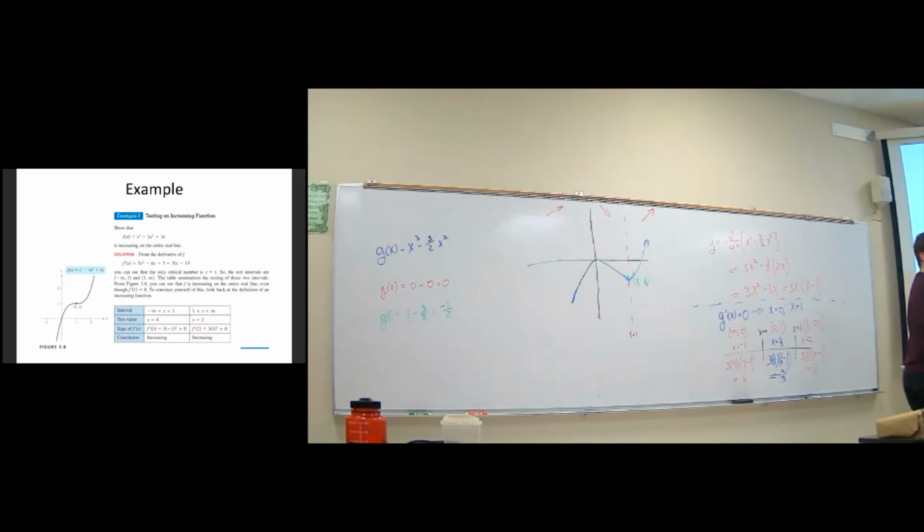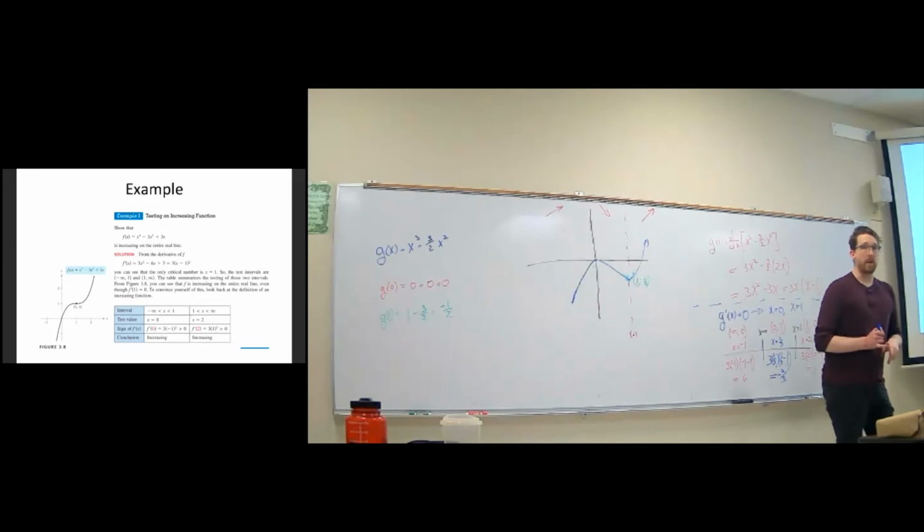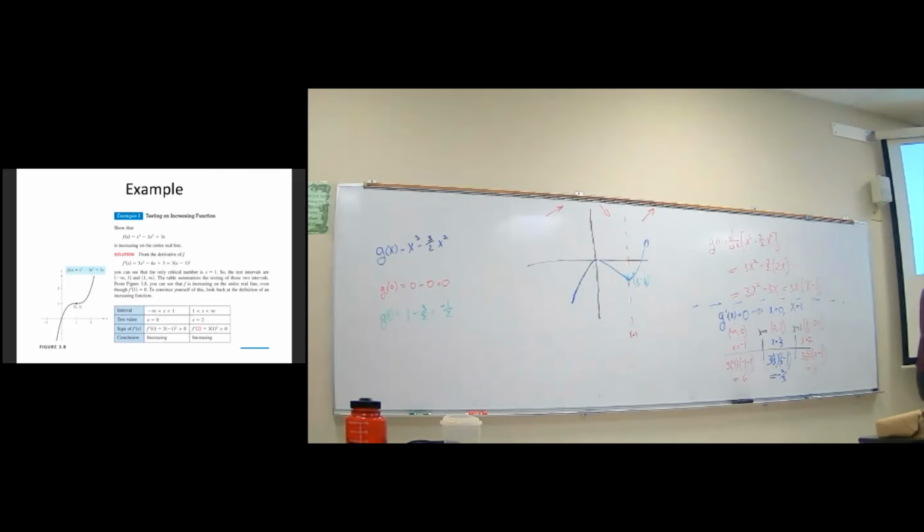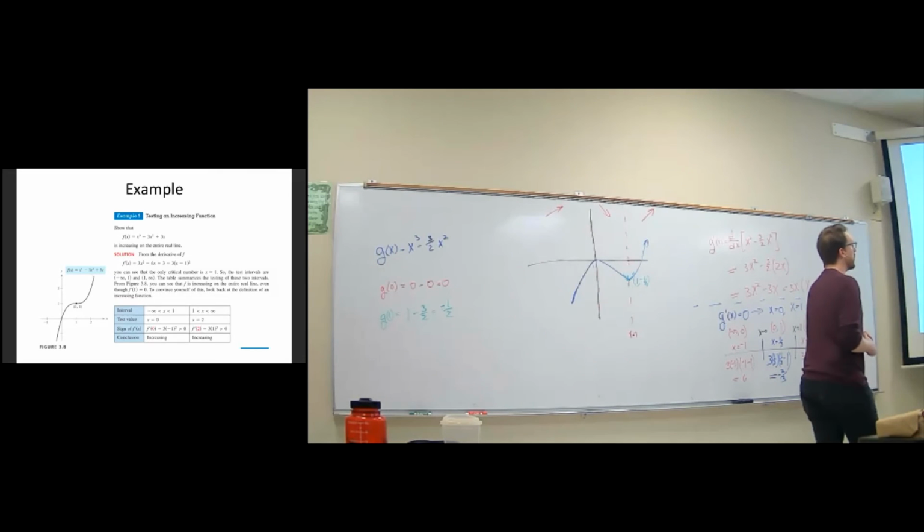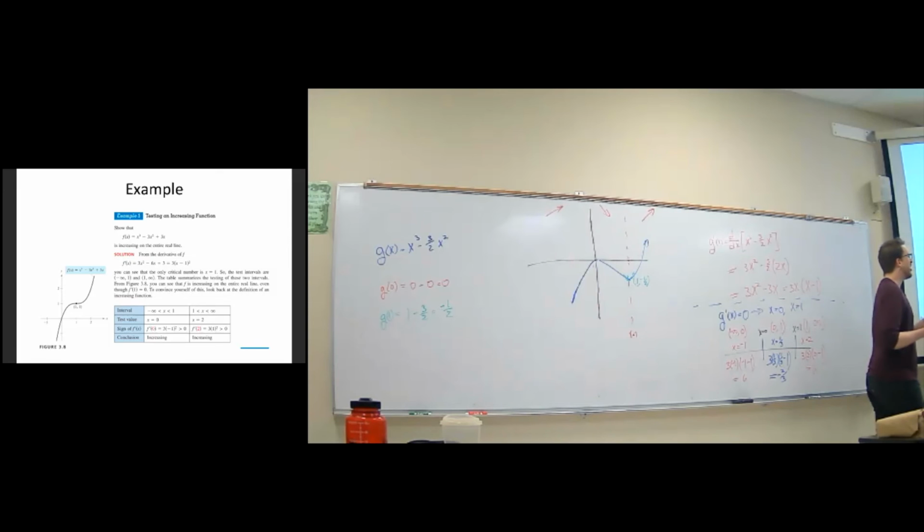Set that thing equal to 0, because all polynomials are continuous everywhere. So we don't have to check for undefined values, just zeros. We factor it out. We see immediately that our only 0 is when x is equal to 1. So we only need to check the interval negative infinity to 1 and 1 to infinity. So let's check at 0 and let's check at 2.